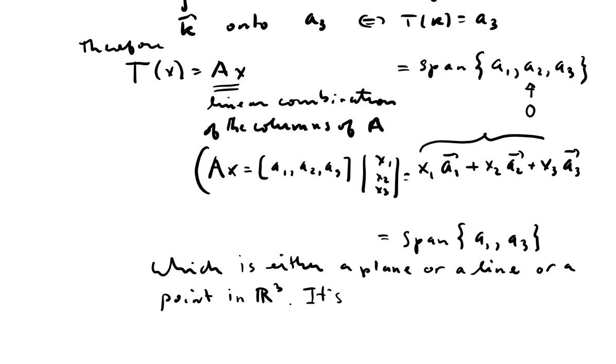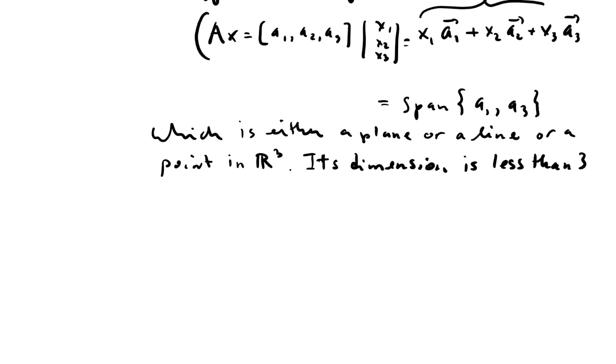But the point is that its dimension is clearly less than 3. That means that when I start with x and I do the linear transformation T, I get back Ax.